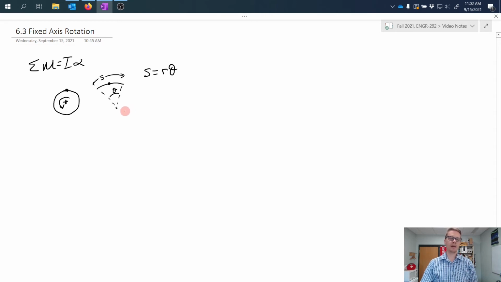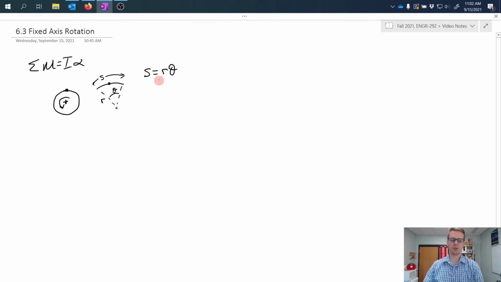We'll say that it has a constant radius of curvature r, and for pretty much any object in any fixed axis rotation, that small segment has that constant radius of curvature, and we can use that as an approximation to get some equations for anything instantaneous. This isn't even limited to fixed axis rotation. This is true about any curvilinear motion around a curved path.